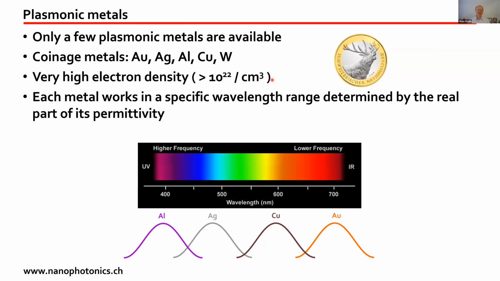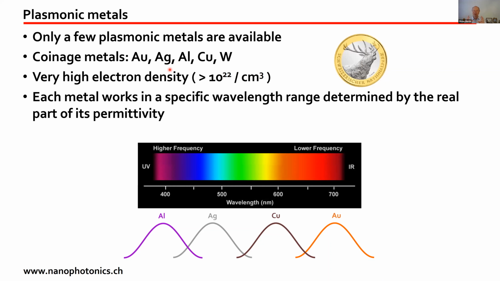And unfortunately, only very few metals exist where we can have this effect. These metals actually have a nice name. They're called coinage metals. So these are the metals that are used to make coins, like gold, silver, copper. And of course, each metal will have a different dielectric function. So it will have a different resonance at different resonance wavelengths.